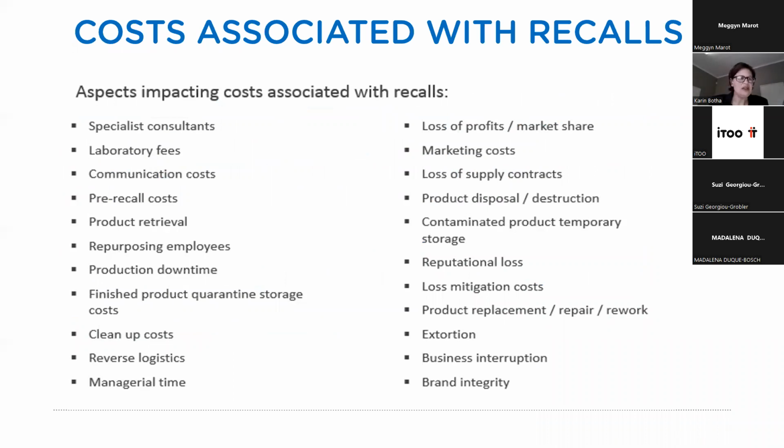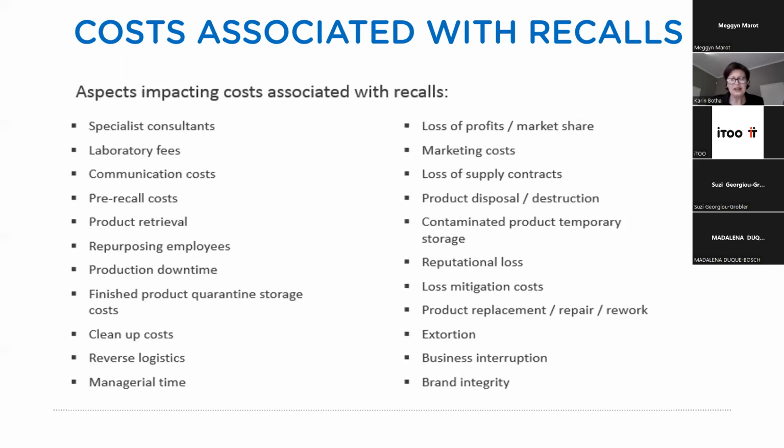With recalls, obviously you'll get a consultant in, potentially, if you feel not equipped to handle a big recall like a Tiger Brands or anyone else. There's lab fees involved. Obviously, you need to start testing your product, sending it out, and increase your testing frequency. A lot of communication costs involved. I'm just highlighting a few.